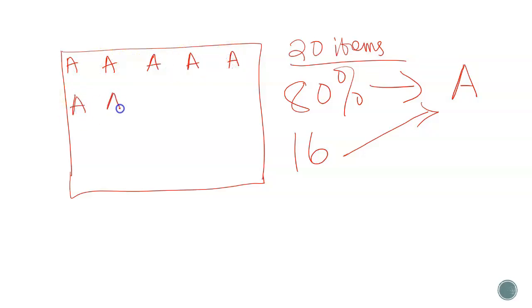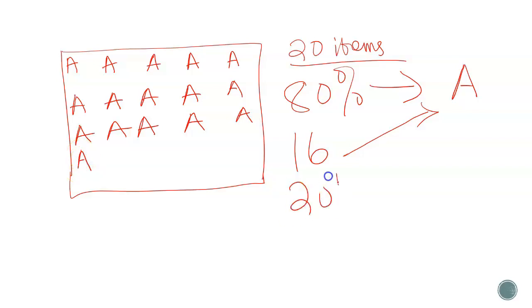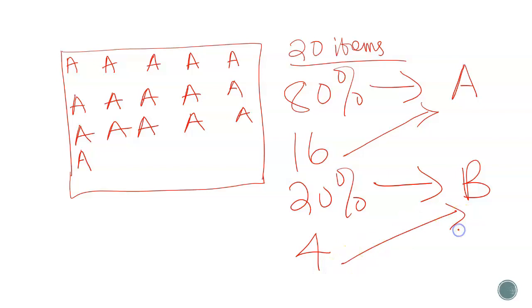Then the remaining 20% is coming from Company B, so 4 out of the 20 will come from Company B. We can represent that with B's here.